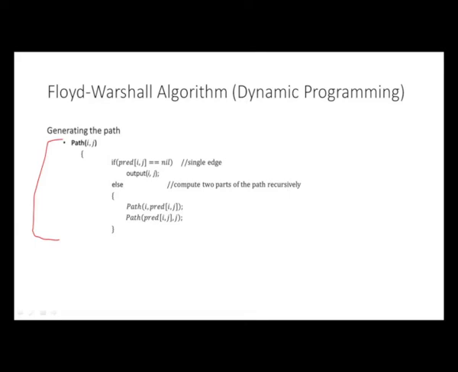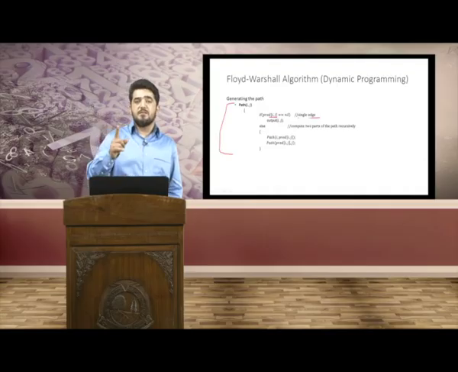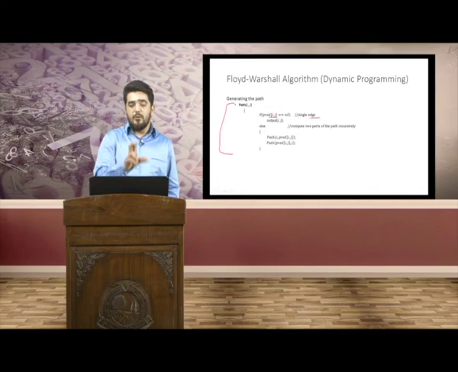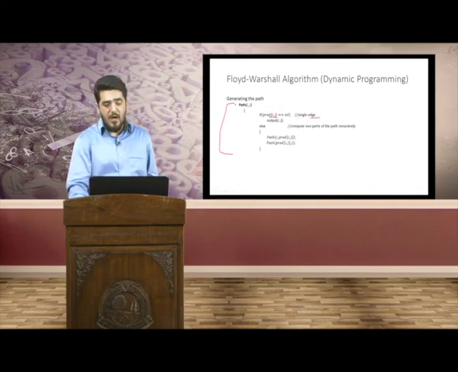If the predecessor of i comma j is equal to nil, it means there was no intermediate vertex found such that a path from i to j through that vertex yielded a shorter length. So we'll simply output the i and j edge as itself. The shortest path between i and j in case the predecessor is nil is the edge between i and j, so we'll simply output i and j.